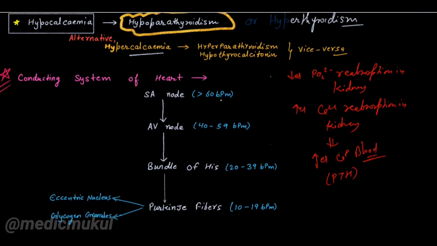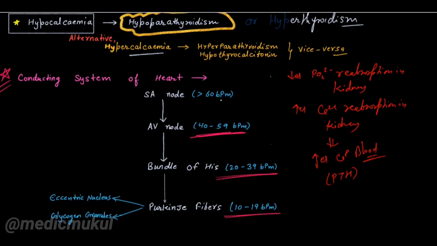The SA node will give more than 60 BPM, beats per minute. Then there are the AV node, bundle of His, and Purkinje fibers. Remember, all the heart rate is produced by this automatized tissue.